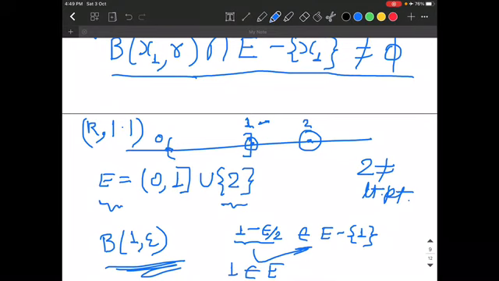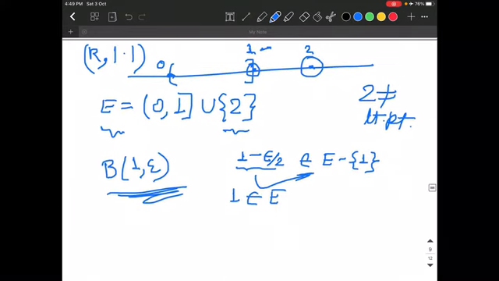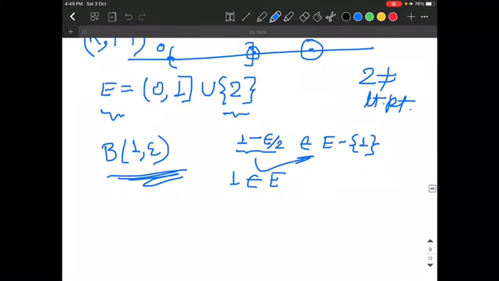Now is 0 a limit point? Yes, of course, because if we take any ball around it, note that epsilon should always be positive.